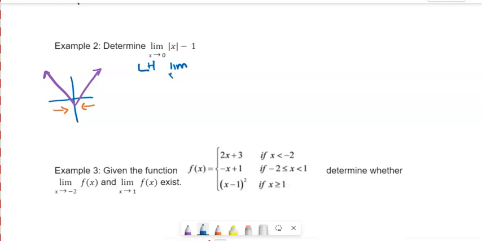So the left-hand limit, as x approaches 0 from the left, I'm going to put in 0 minus 1, and that'll be -1. And then the right-hand limit is going to be very similar, except I'm going to be approaching 0 from the right.